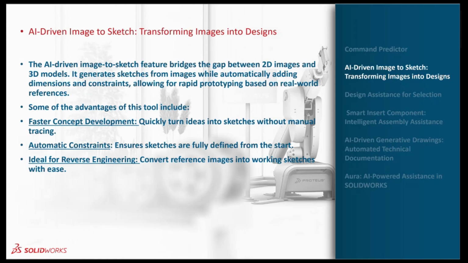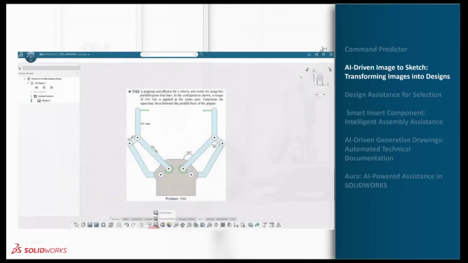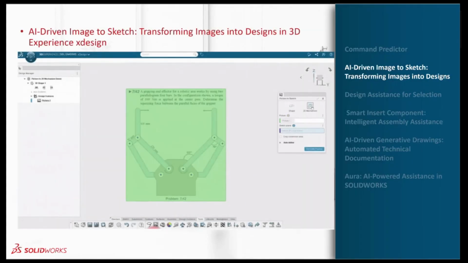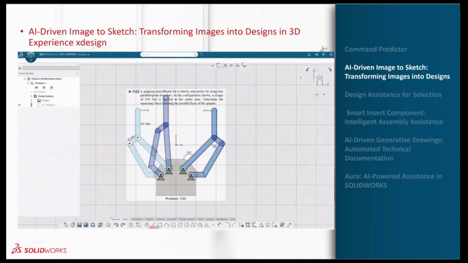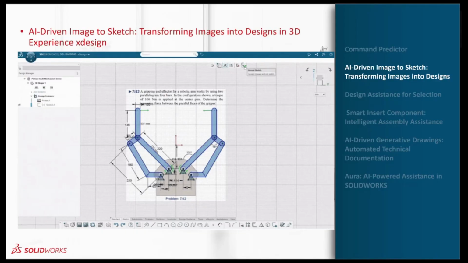But from the latest version of 3D Experience, we have an automatic AI-driven image to sketch where it can automatically trace all the edges, and if you have any mechanism kind of equipment, it will trace that mechanism also. Not only the mechanism, all the dimensions, everything it can trace. So it can trace and easily give it to our sketch.